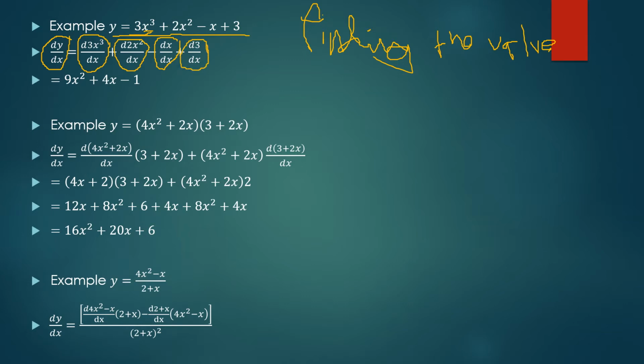Now, how did we arrive at 9x squared? Look at the exponent 3 here. Multiply it by the number 3 here, so 3 times 3 is 9.